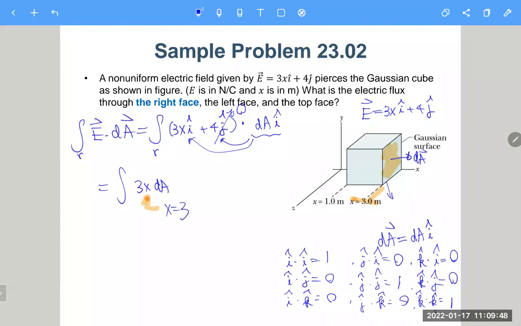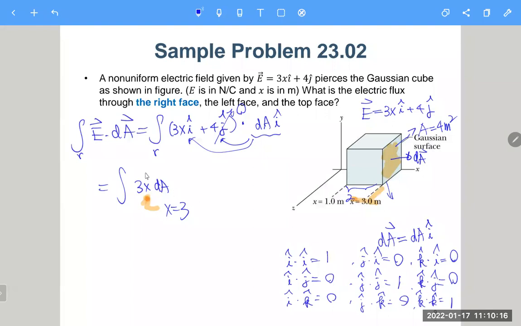And actually this area, this side is 2, and this is a cube, so the area of this square will be 2 times 2, which is 4. The total area is 4 meters squared.